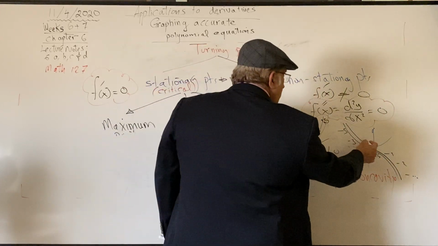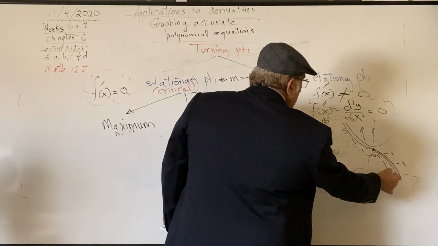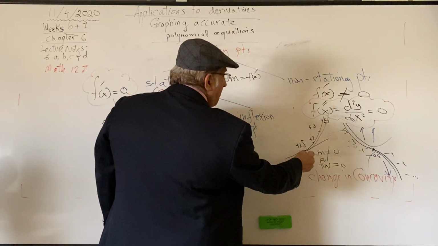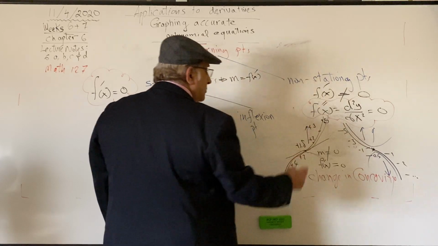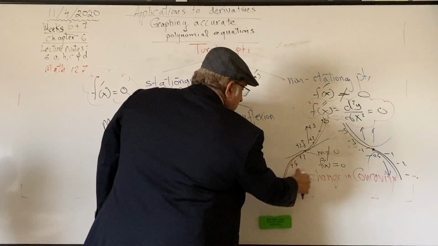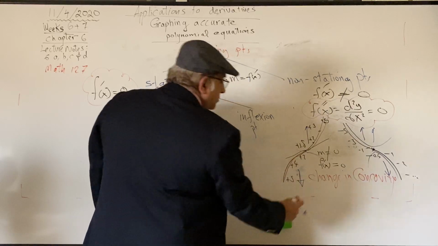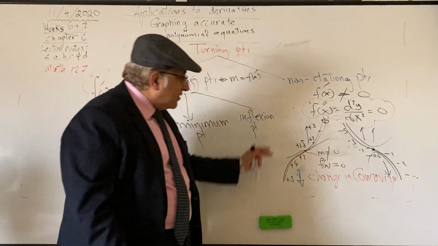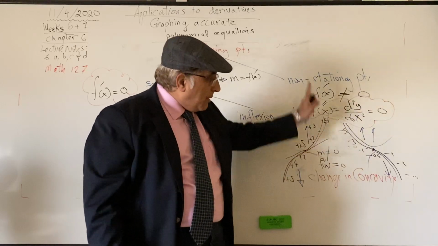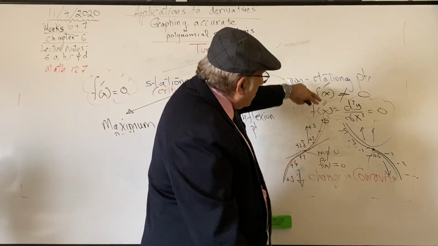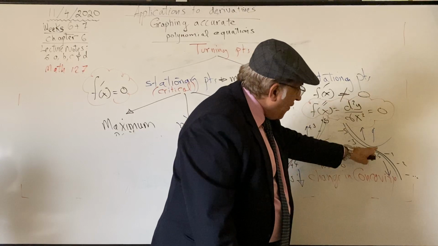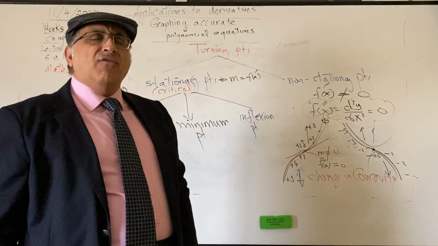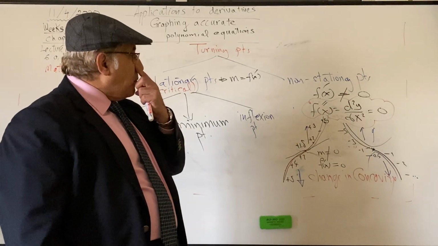So when you go from concaving up to a certain point, and then suddenly you're concaving down, or when you concave down, suddenly you concave up, that point is called an inflection point. I hate colors a lot, but it's nice. That's the definition of inflection point.